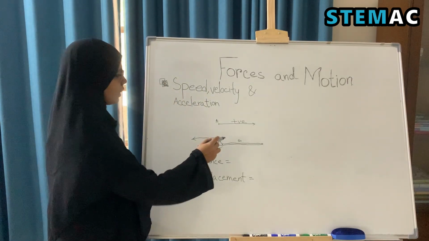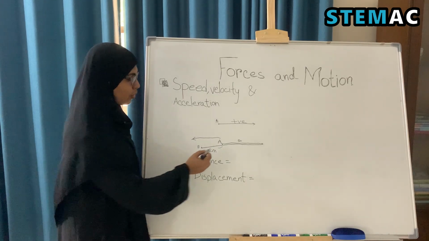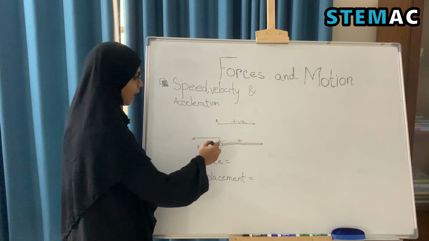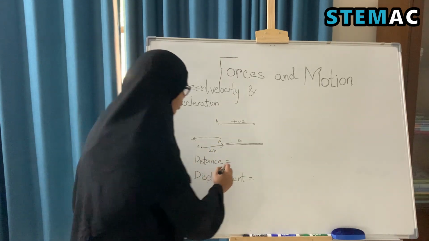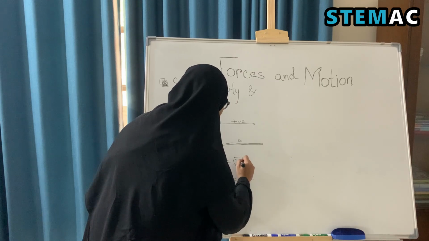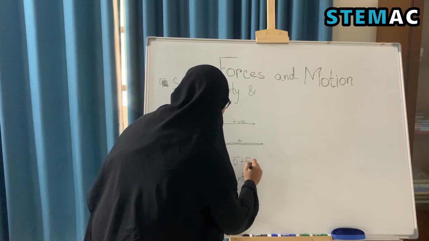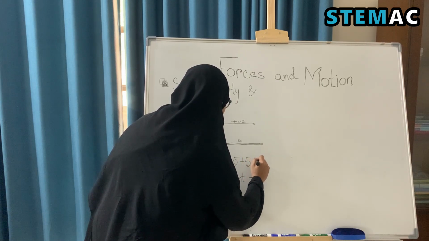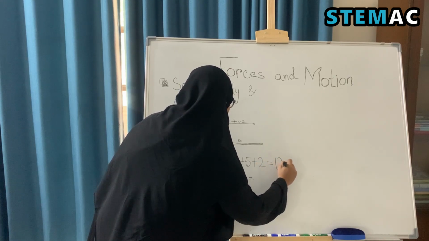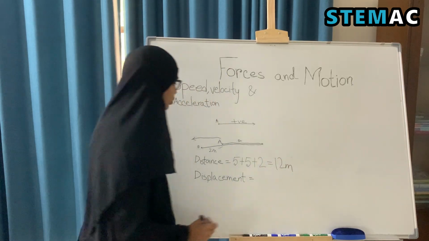So here my distance traveled would be 5 meters forward, 5 meters back, and 2 meters. So the total distance traveled would be 5 plus 5 plus 2, and that makes 12 meters.